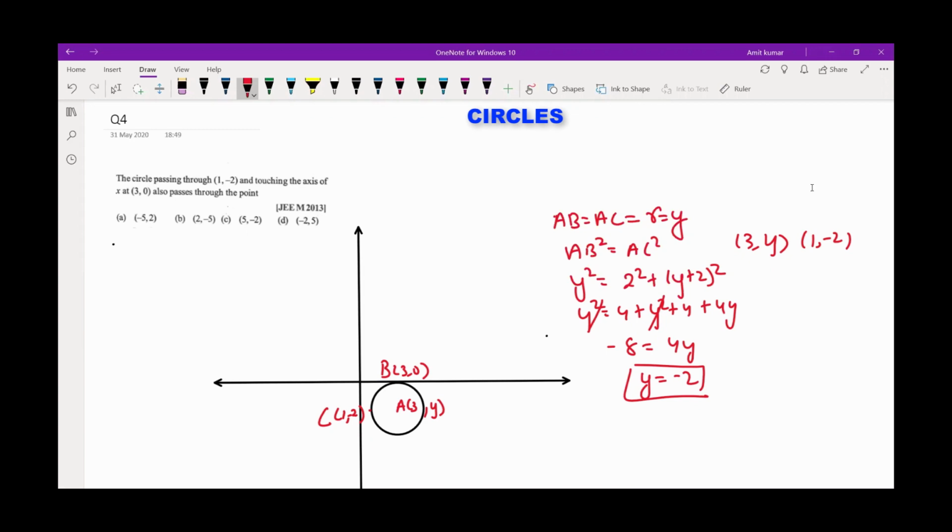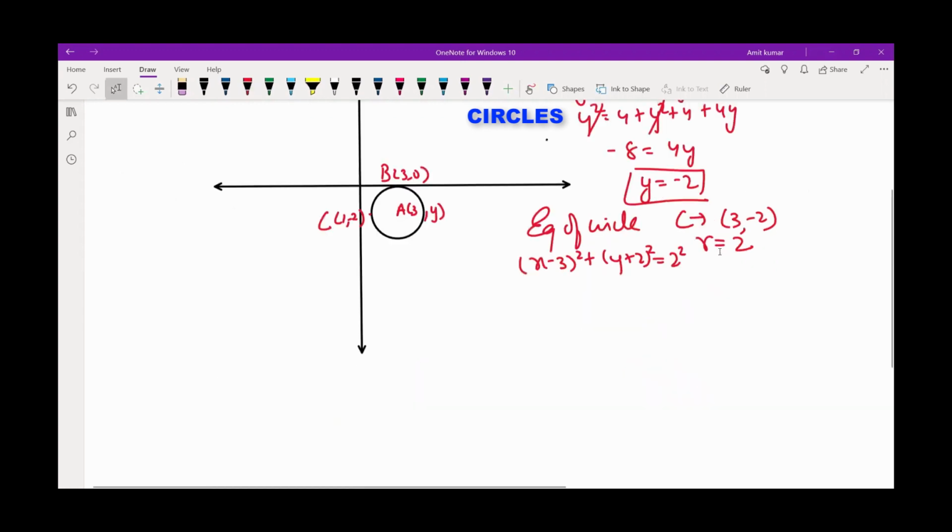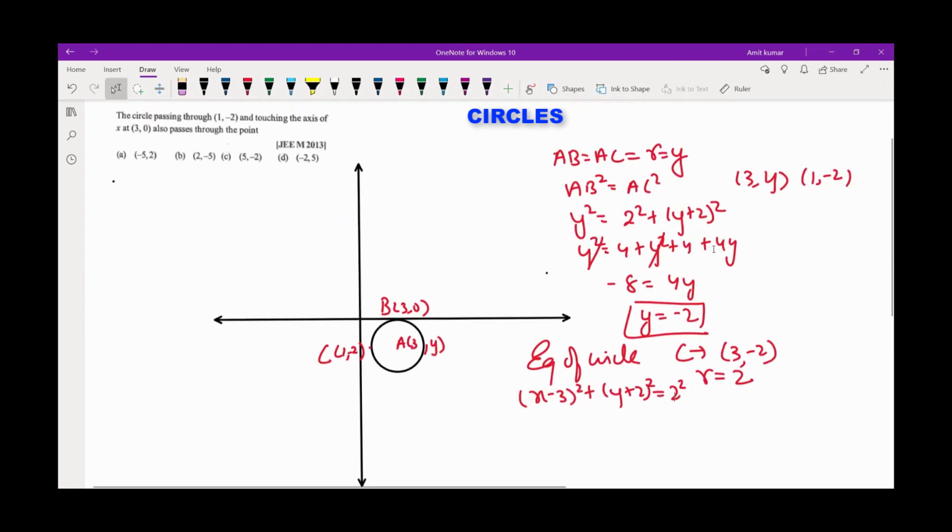Now, the equation of the circle whose center is (3, -2) and radius is 2 is (x minus 3) whole square plus (y plus 2) whole square is equal to 2 square. Now we just have to put the options in this equation.